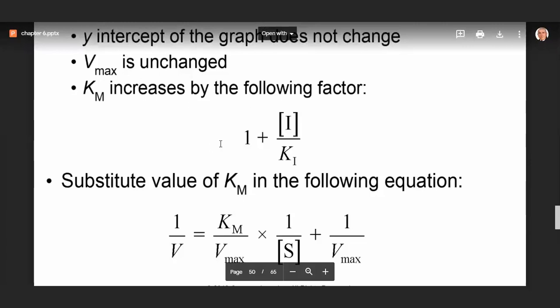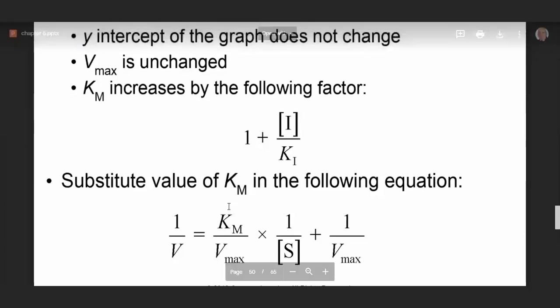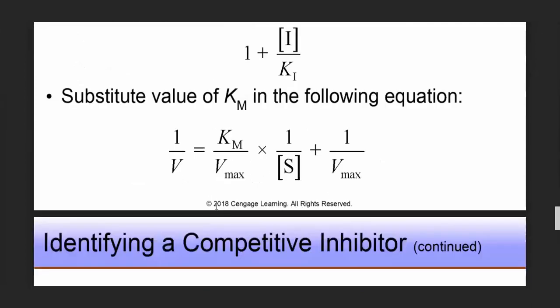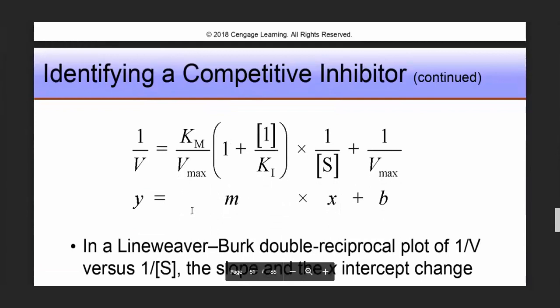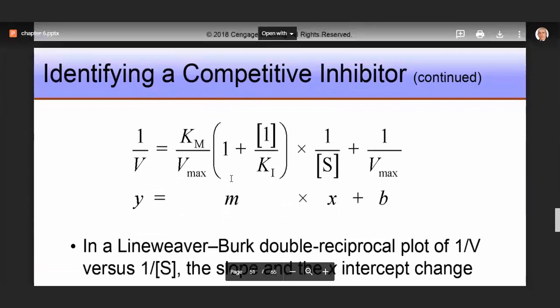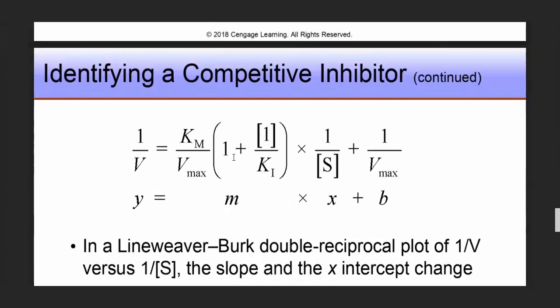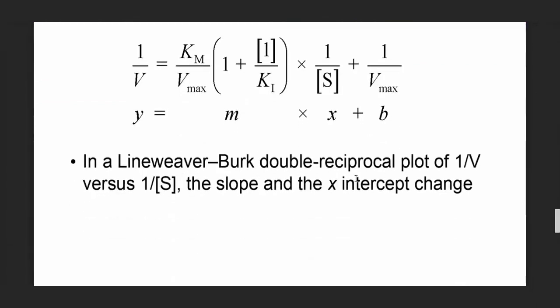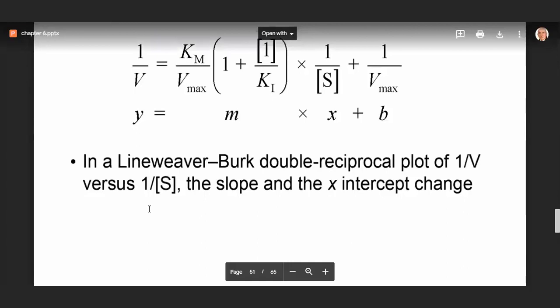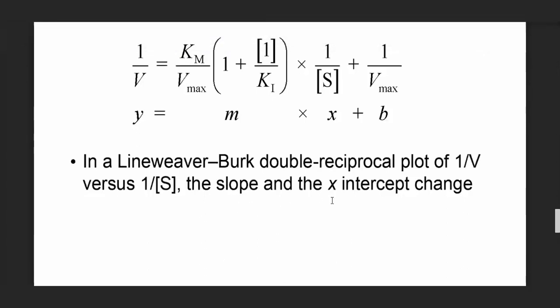So Km increases by alpha. Substitute the value of Km in the following equation, and you get this. So we found also that the slope increased by this factor alpha. So in a Lineweaver-Burk double reciprocal plot of 1 over V versus 1 over S, the slope and the x-intercept change.